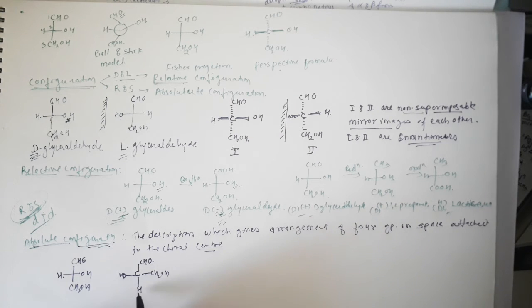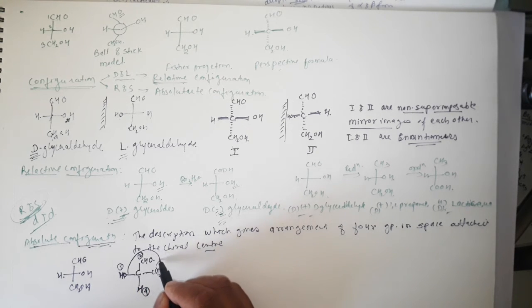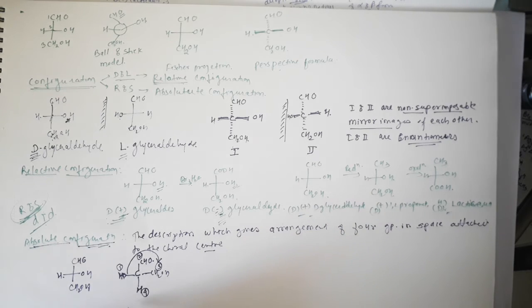Then this lowest priority group, that is the fourth priority group, is at the bottom. First priority group, that is the OH group, then second priority group and third priority group. So this is clockwise direction. Therefore it is R configuration.